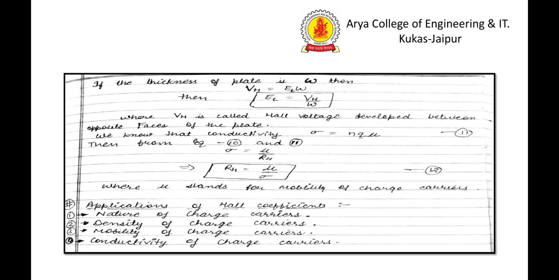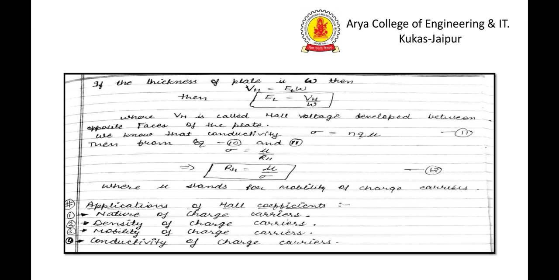This is the relation between Hall coefficient and conductivity, where mu stands for mobility of charge carriers. By this relation, we can calculate Hall coefficient when the given parameters are mobility and conductivity.